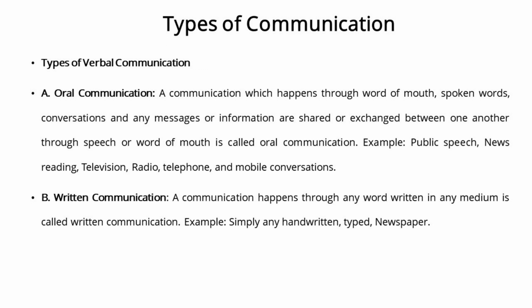B. Written communication. Communication that happens through any written word or sign, which refers to the language's use in any medium, is called written communication. Examples: simply any handwritten, typed, or printed documents, newspapers, letters, books and magazines.